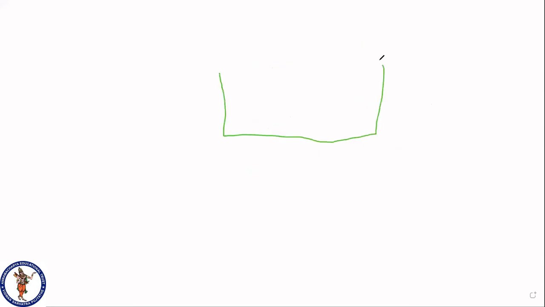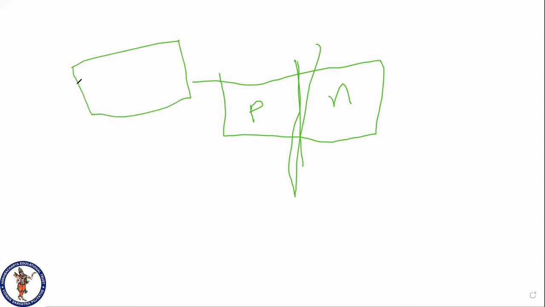One thing I want to make clear, guys: somebody will say that if you take a p type on one side and an n type on the other side, then just by joining you will get a p-n junction diode. It is not the correct way of doing it. Initially you have to take one silicon bar and dope it with third group and fifth group elements on both sides, so that the electrons and holes will try to move from either side.